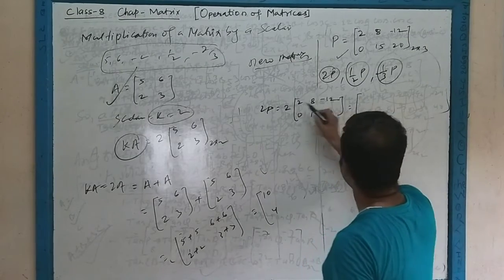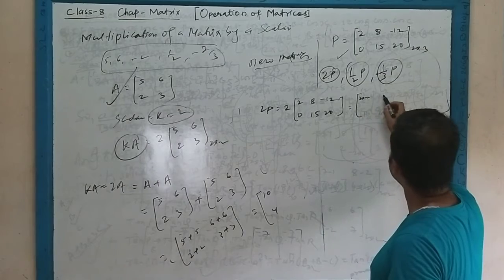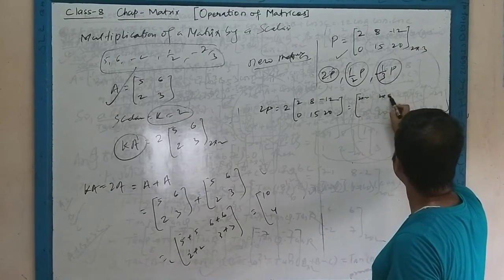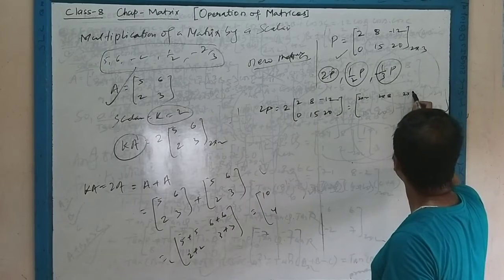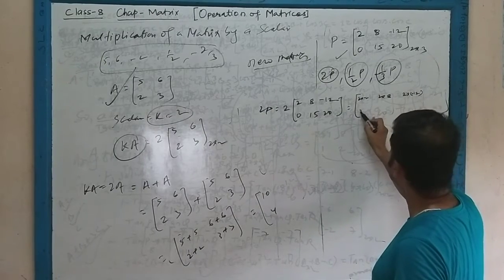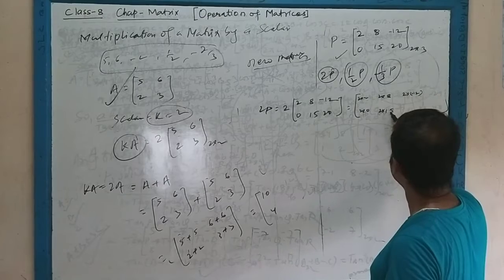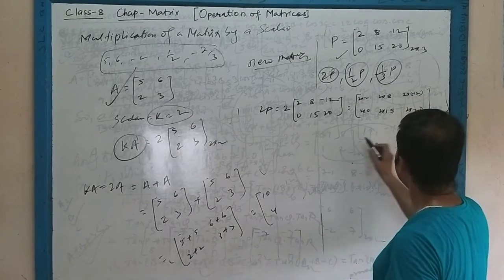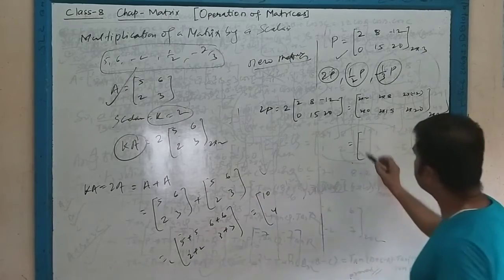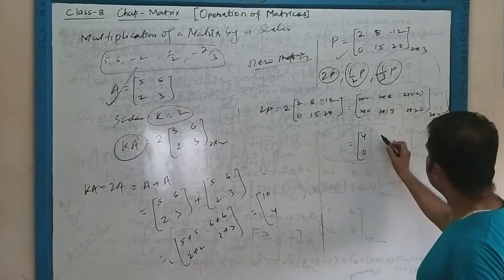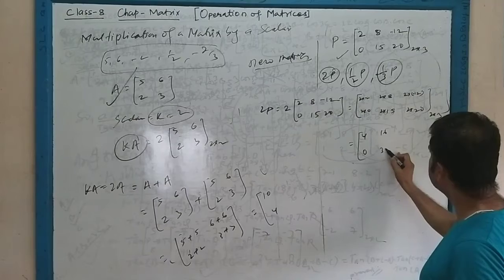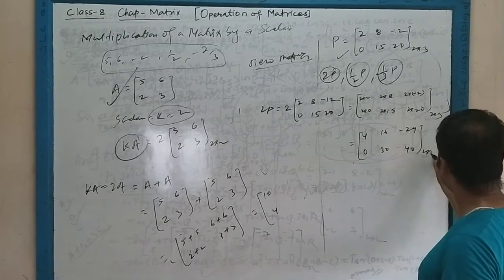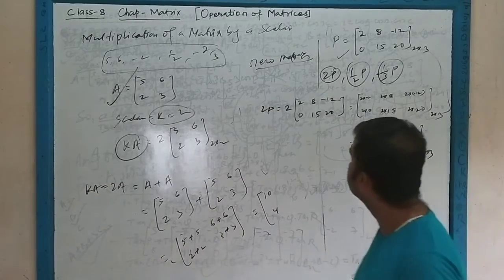So it equals 2 into 2, 2 into 8, 2 into minus 12, 2 into 0, 2 into 15 and 2 into 20. 2 rows by 3 columns. So what is your answer? 4, 16, minus 24, 0, 30, 40, 2 rows, 3 columns. This is your answer.